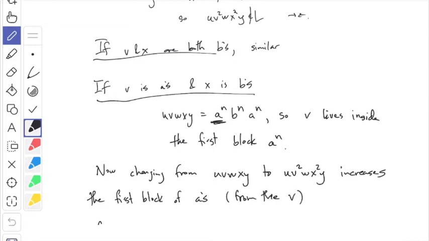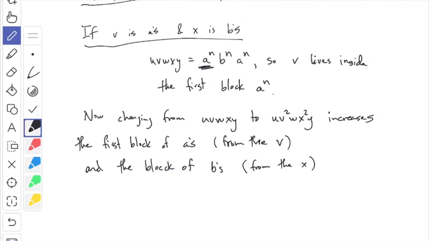And the block of B's, that's because that's where the X lives, right? X is made up of B's. This is from the X. It increases the first block of A's and the block of B's, but it has no corresponding increase with the last block of A's, and that's what will break the format.